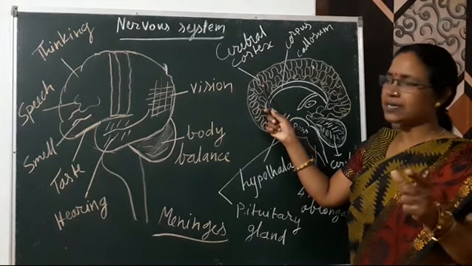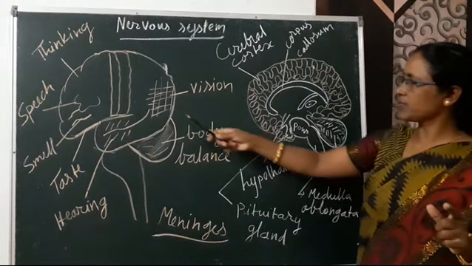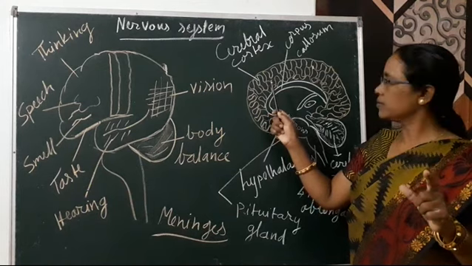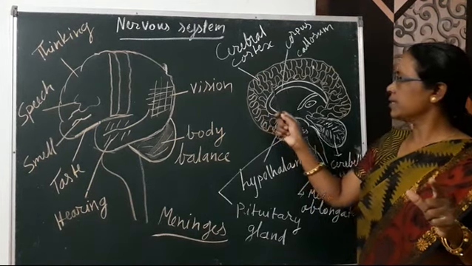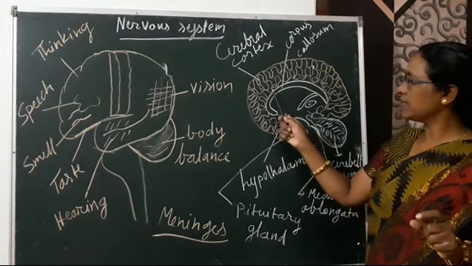You cannot write only the cortex region of the brain, since there are three parts of the brain: cerebrum, cerebellum and medulla oblongata. So you have to mention that the cell body, or cytone or perikaryon, is located in the cortex region of the cerebrum, and the axon is found in the medulla region.